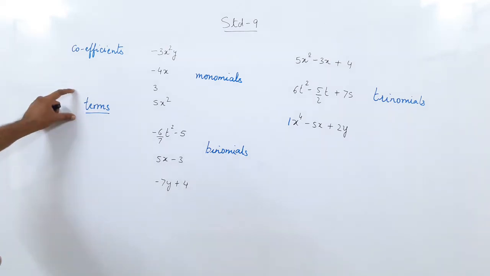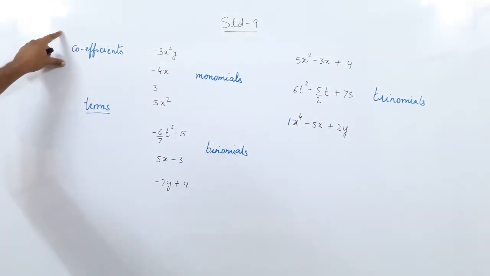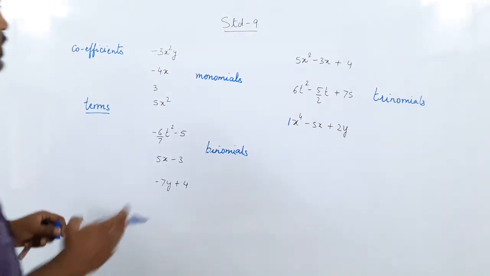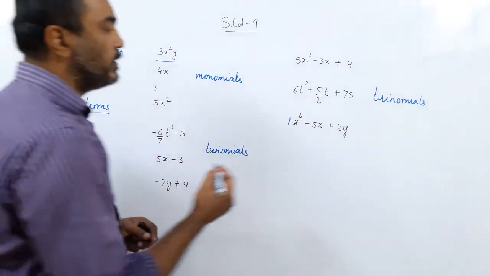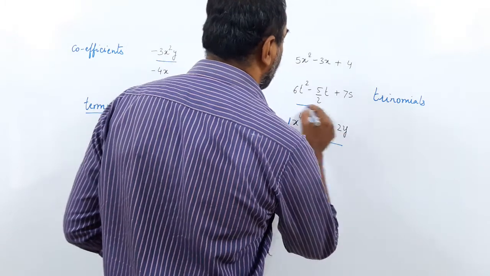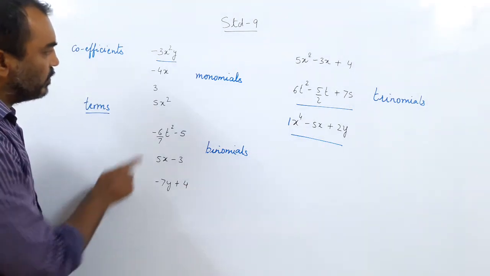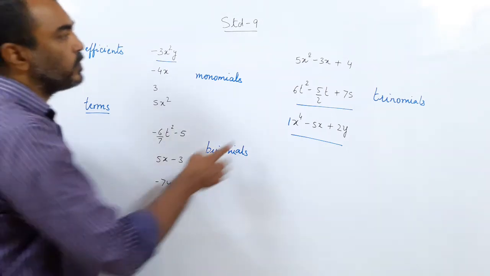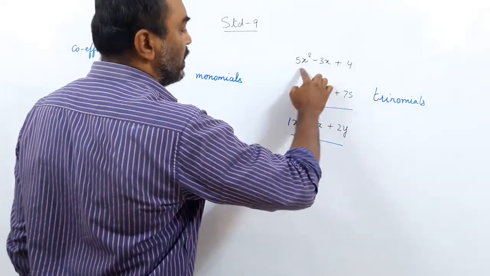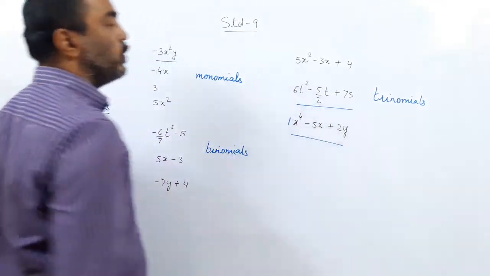Right? So we have got terms, monomials, binomials, trinomials. We have got coefficients. Now what you can see, this equation minus 3x square y, this equation and this equation. These three equations are in two variables. The rest all are in a single variable. There is only one variable x, t, x, y, x square, x means only one variable. But here there is t and s, two variables, x and y, two variables.